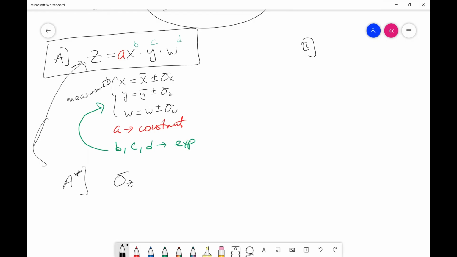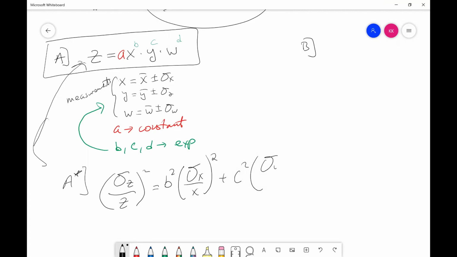The template goes like this: sigma Z over Z, squared, equals B squared times sigma X over X squared, plus C squared times sigma Y over Y squared, plus D squared times sigma W over W squared.